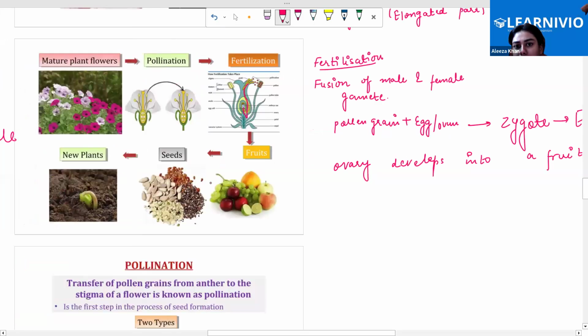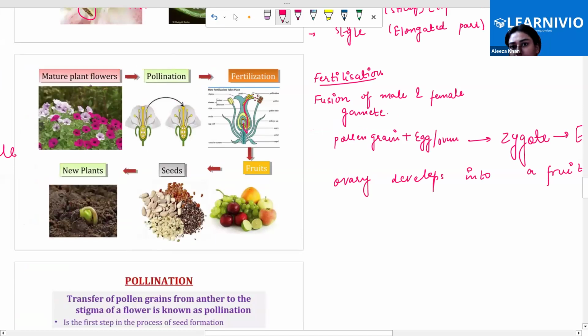If you can see in the diagram also, here fertilization has taken place, and further the embryo has turned into the seeds. But this ovary, which is the female part, turns into the fruit. Got it?